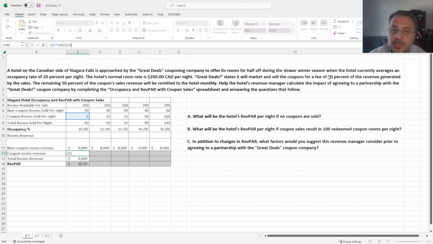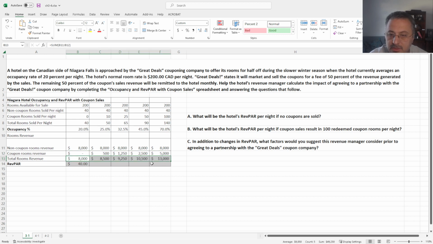So you can only get basically 25%, right? You take the 200, divided by 2 is 100, divided by 2 again is 50. You get only $50. That's what this calculation is here. So if we do the same thing and pull this all the way, you can get the coupon room revenues and also the total room revenues, the same way, and finally the RevPAR.